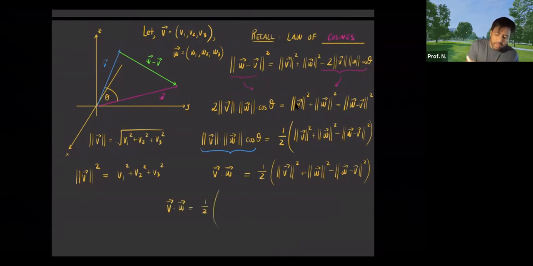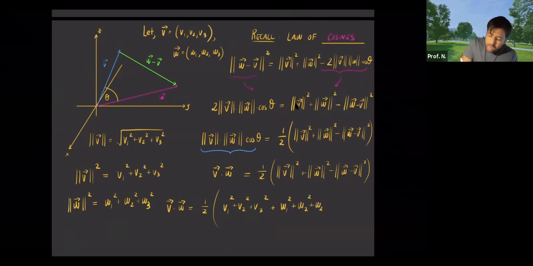I got 1/2 of what? V1 squared plus V2 squared plus V3 squared. And then what's going to happen with the norm squared of W? Same thing. So I'm adding this to it. Whoops, I was right, 3 squared.